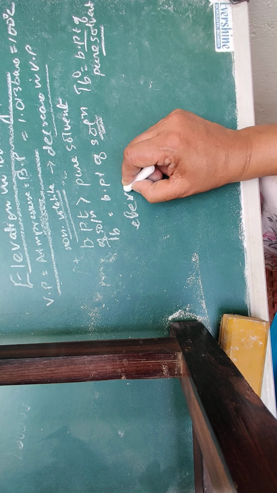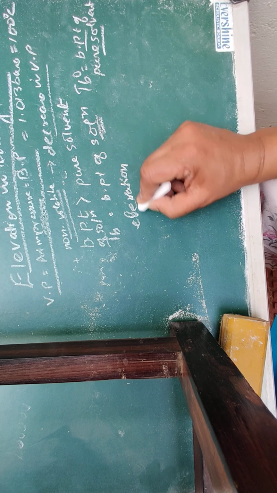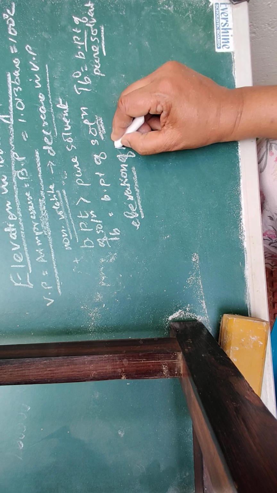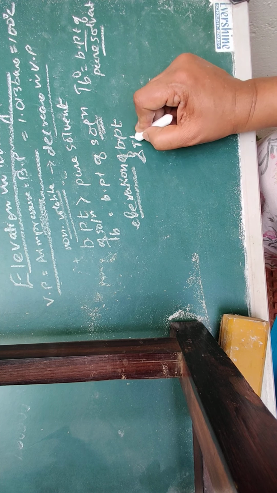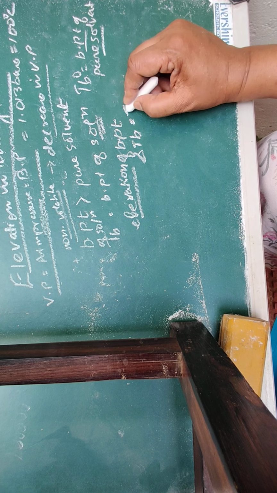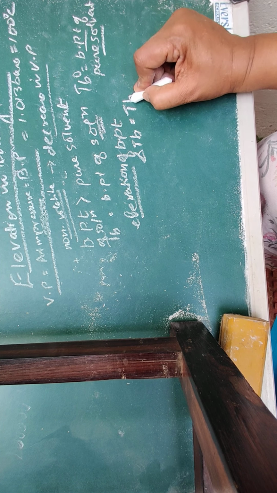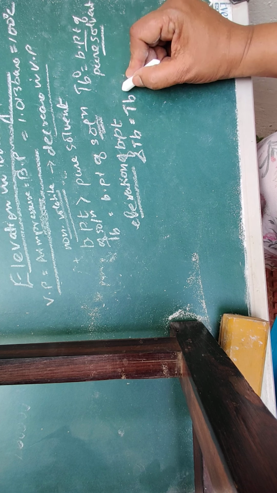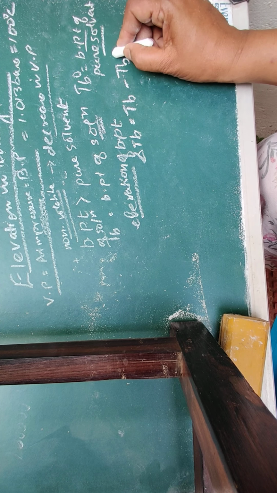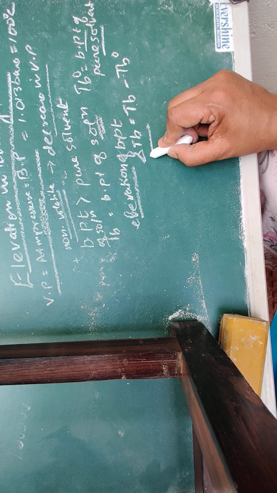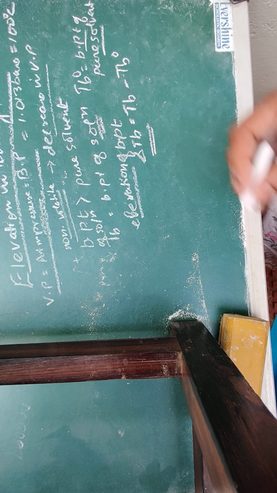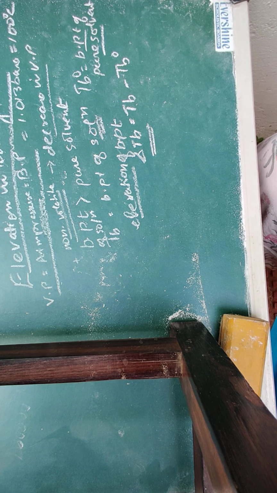We have to increase the temperature, so we call this the elevation of boiling point, del Tb. Tb is more than Tb naught, so del Tb is equal to Tb minus Tb naught. In this way you get the elevation of the boiling point. I hope you have understood.